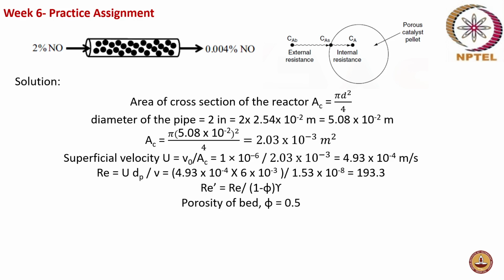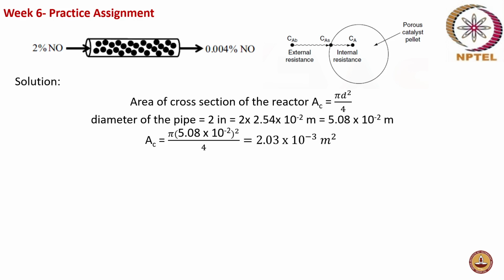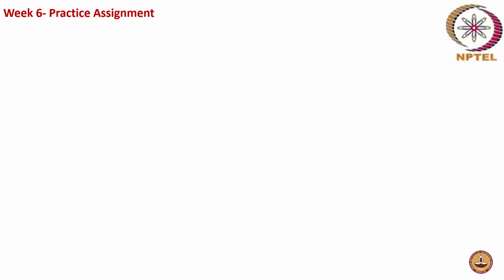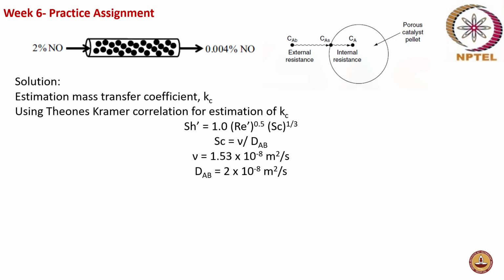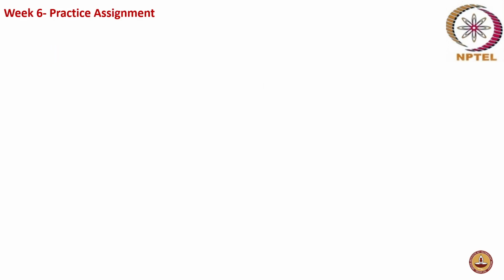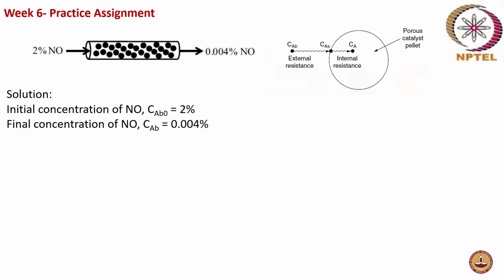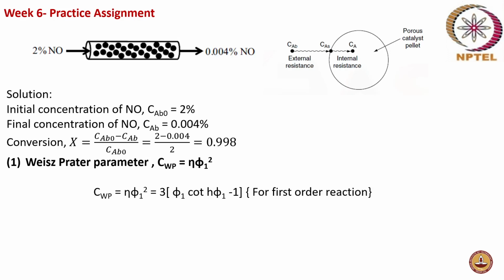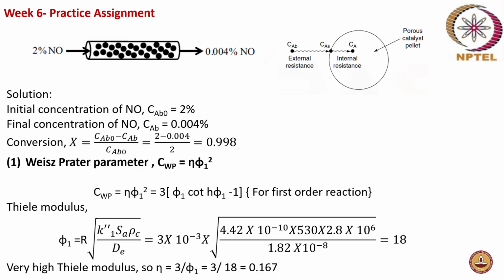Since both have the same notation as phi, we shouldn't get confused, and that is why it's described as phi for porosity of the bed, whereas when we discuss the Thiele modulus, we showed it as phi 1, right? So Thiele modulus is denoted as phi 1, whereas porosity of the bed is denoted as phi. Okay.